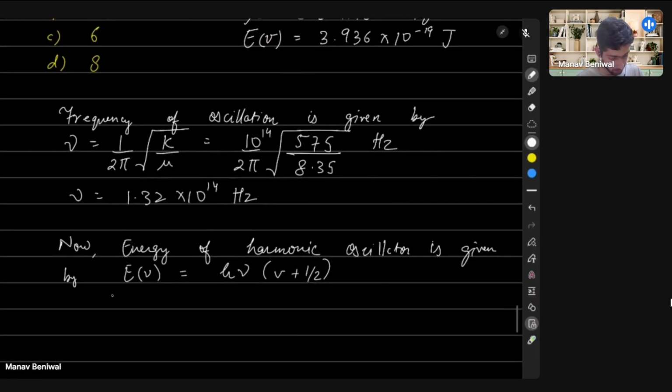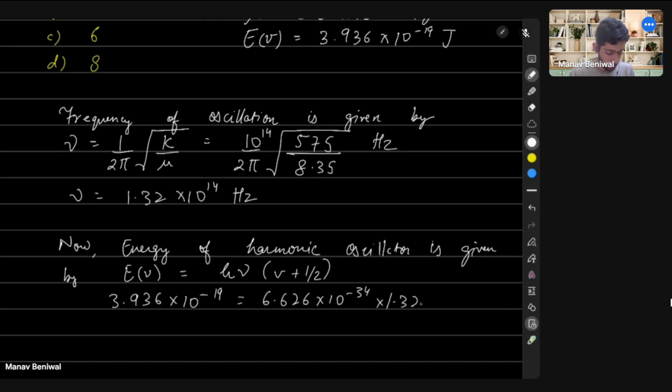And this is given to us to be 3.936 × 10 to the minus 19. This is 6.626 × 10 to the minus 34. And this is 1.32 × 10 to the 14 multiplied by V plus half.